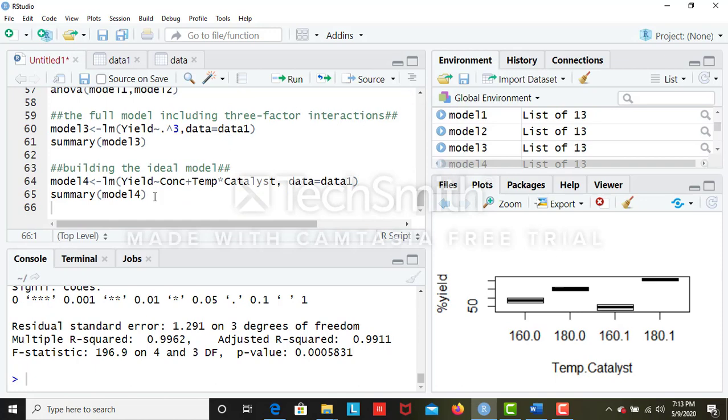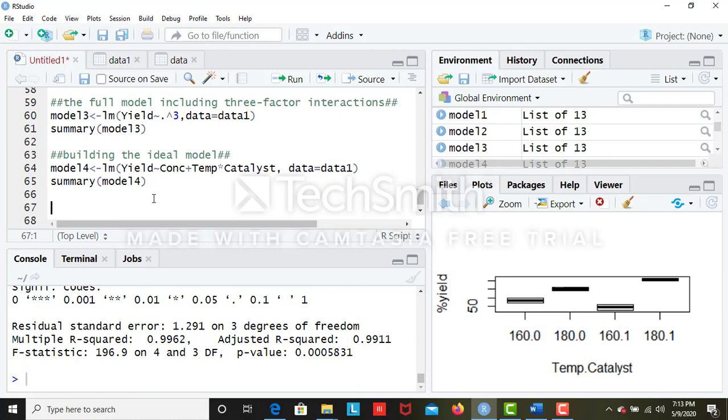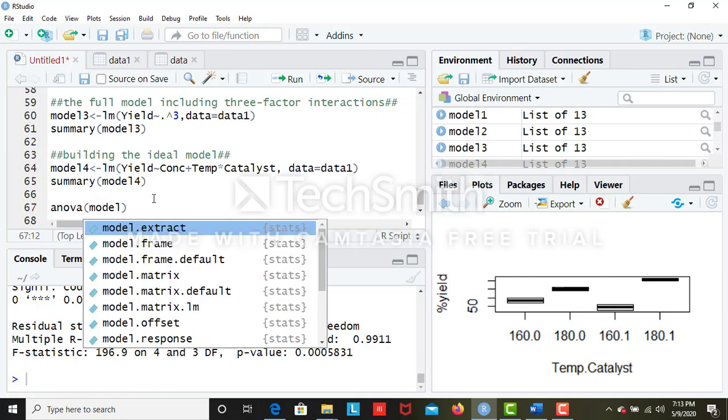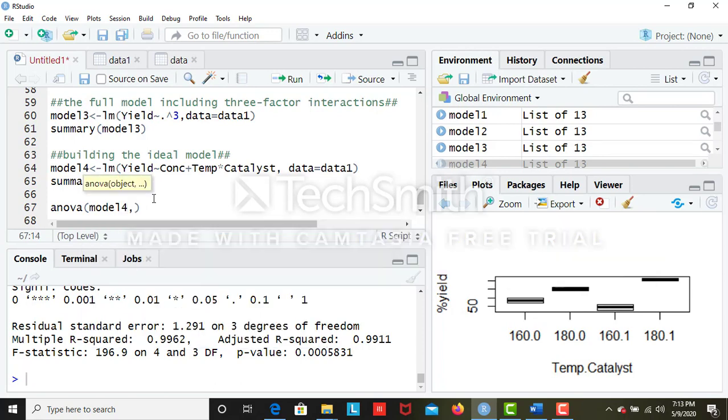So I can also compare this model with the second model that we have. I have model 4 and model 2.